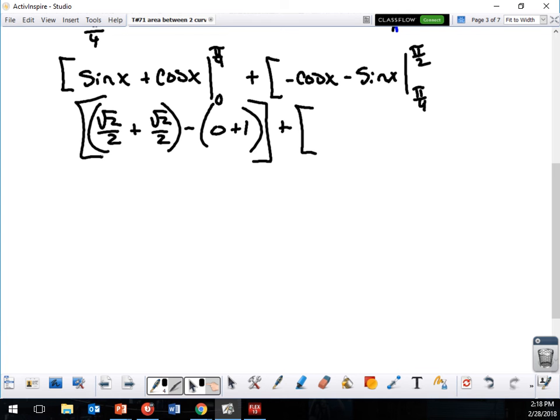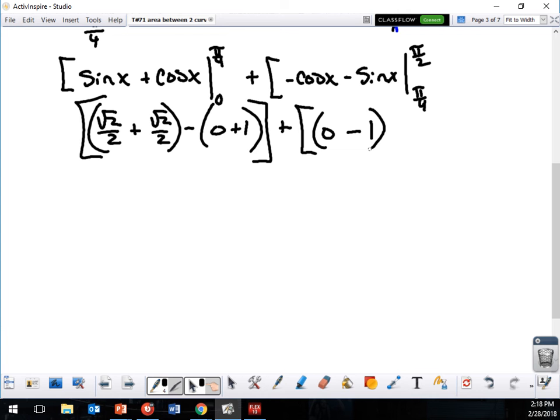Okay, so now, upper bound. Cosine at pi over 2 is 0. Remember, that's at 90 degrees, it's at the top. And there's a negative there too, so it's not going to matter. So negative 0, that's 0. Sine at pi over 2 is 1.